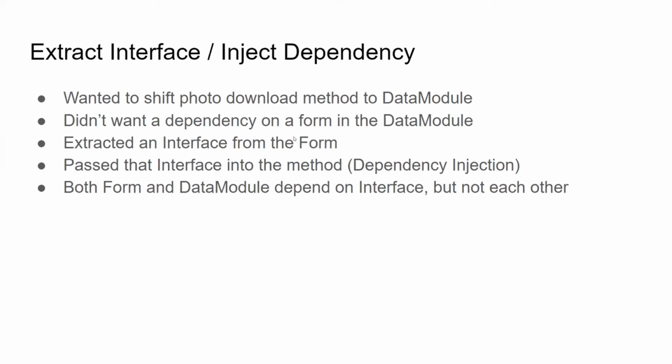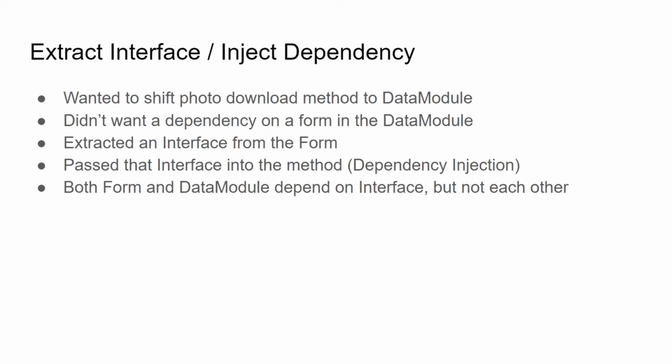We put that interface in a new unit, and then we had both the data module and the form point to that interface, so that the form implemented the interface, and the data module used it. And we then used dependency injection or method injection to make that method not reference that form anymore. And so now both the data module and form depend on the interface and not each other.